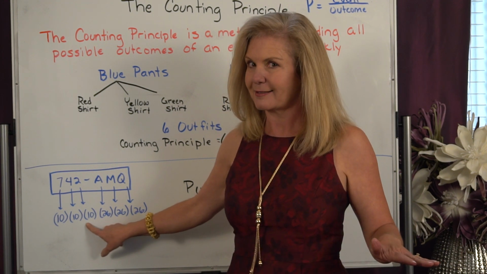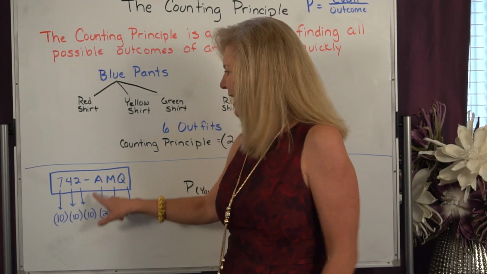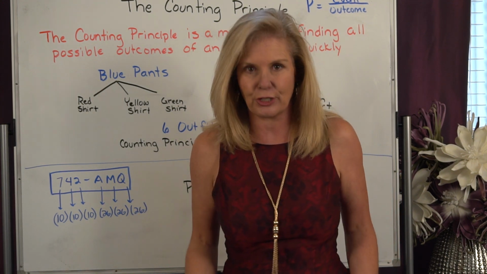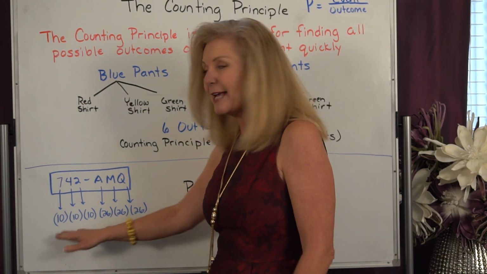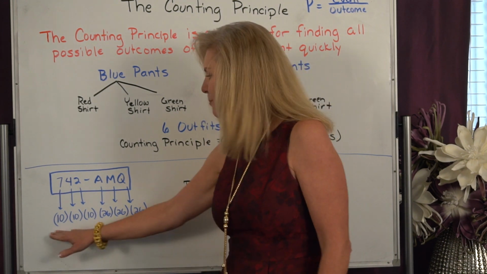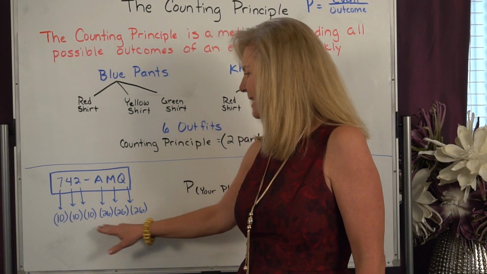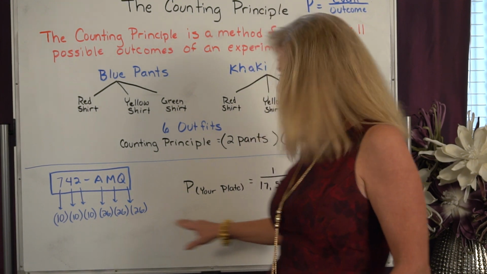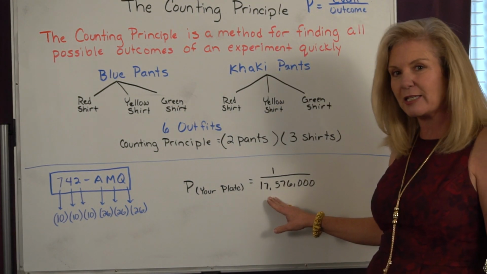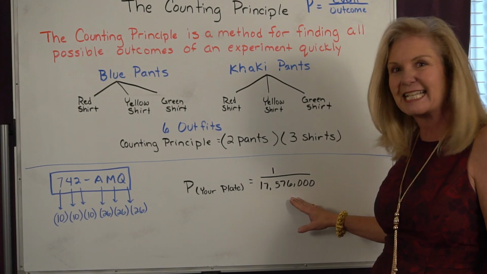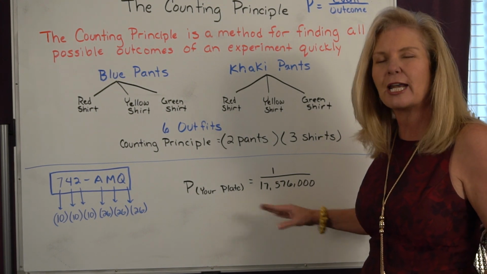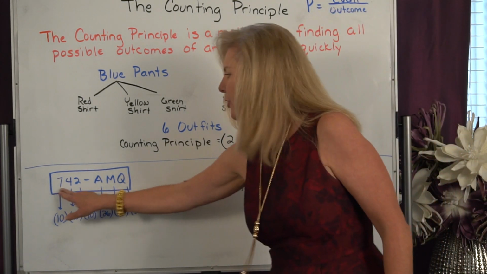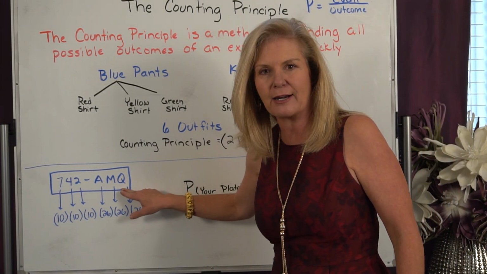But I'm not done, because now I have letters. And for each of my letters, I have 26 options to choose from. So when I go to calculate this and I multiply 10 times 10 times 10 times 26 times 26 times 26, I get 17,576,000 different license plates that could be made using 3 numbers and 3 letters.